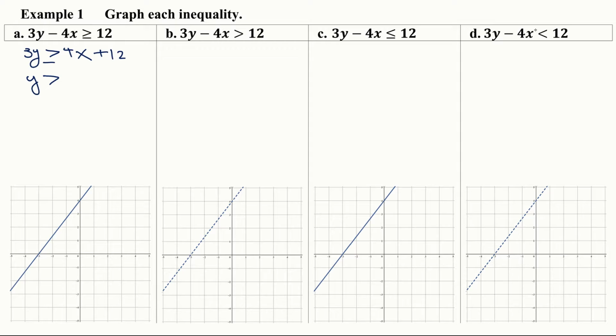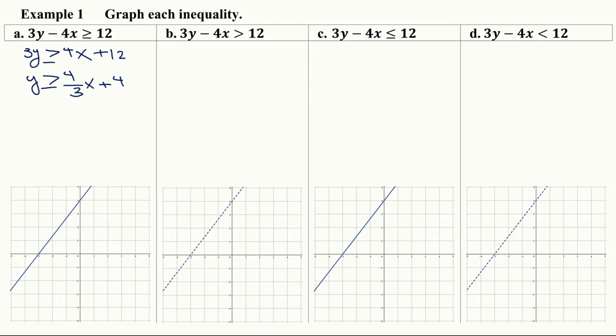So we get y is greater than or equal to 4/3 x plus 4.